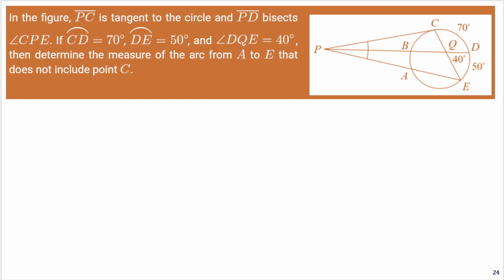First, Q is the intersection between CE and BD, right? Then we know angle DQE must equal 1/2 of (DE plus CB), right?